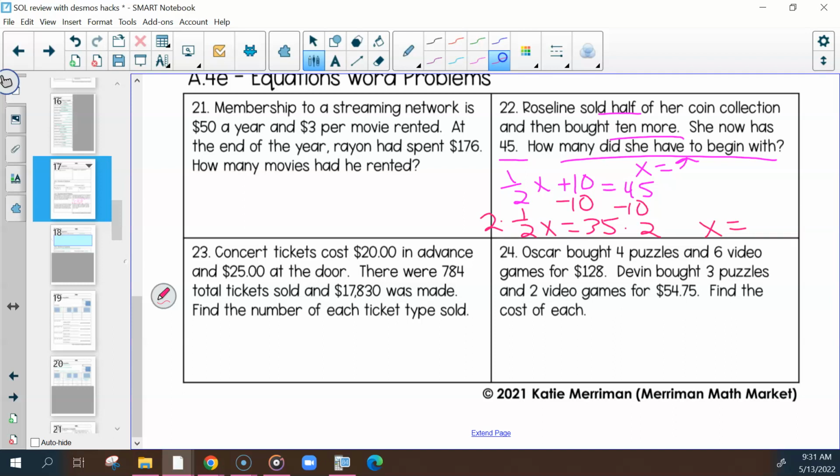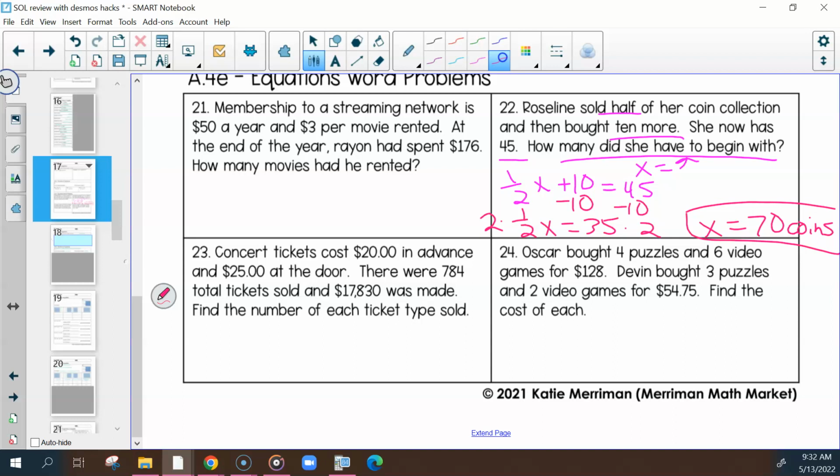How many coins did she have originally? 70. And remember, again, with equations, you could just type this in and it would give you x equals 70. You may have to zoom out though on Desmos.